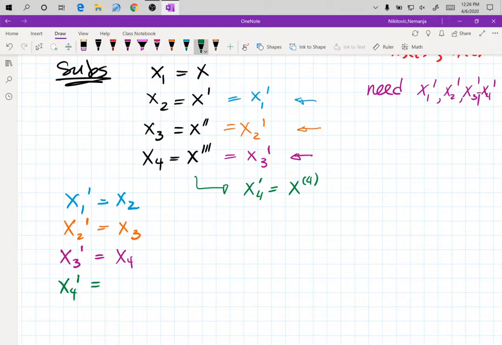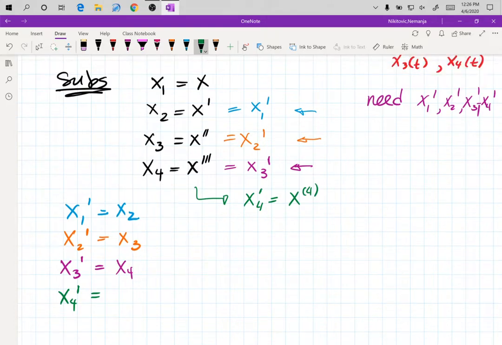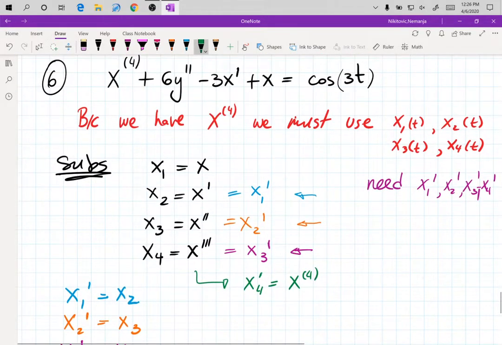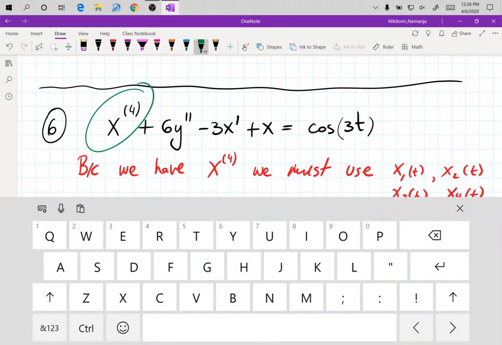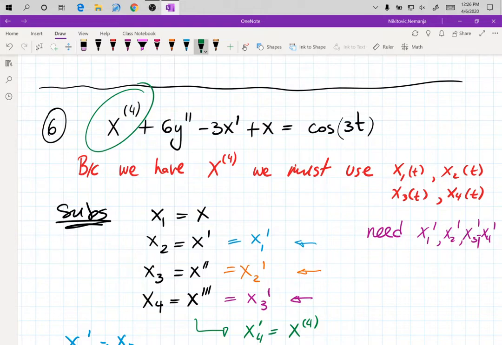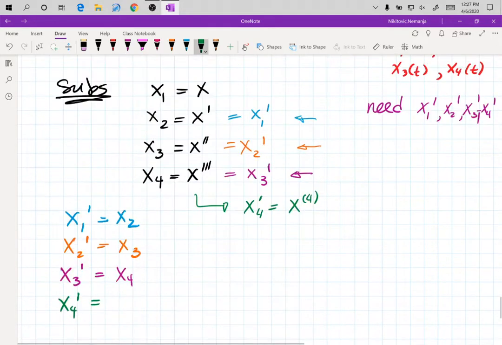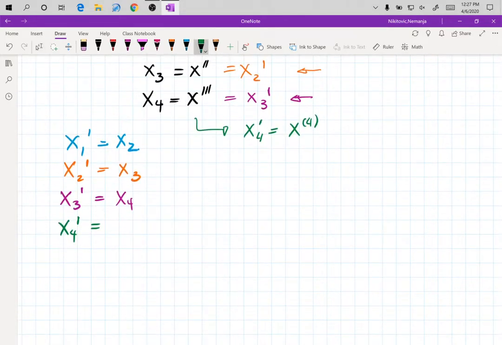Now that is given in the equation above. So I just solve for this guy. And that is going to be negative x plus 3x prime, blah, blah, blah.